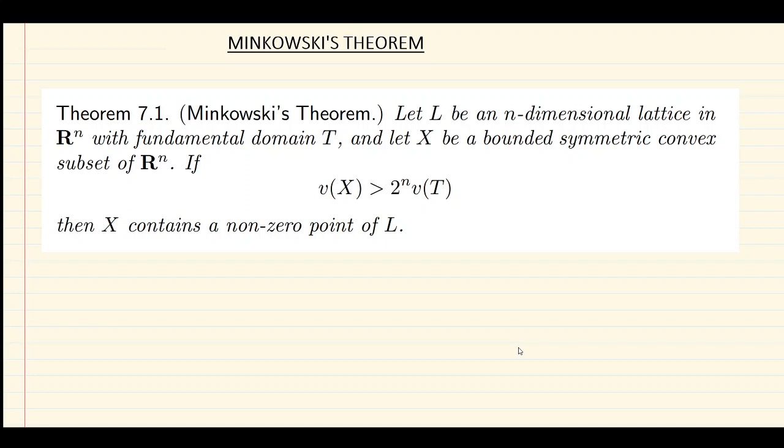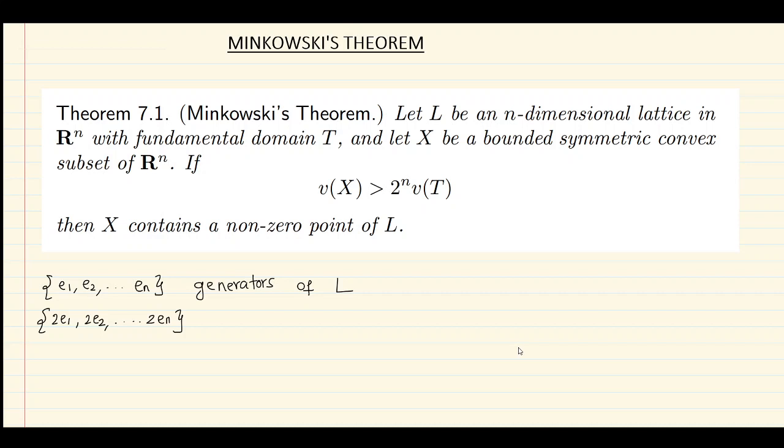So it is given that L is an n-dimensional lattice in R^n. Let E1, E2, etc., En be a set of generators of L. Now we consider another lattice whose generators are 2E1, 2E2, etc., 2En.